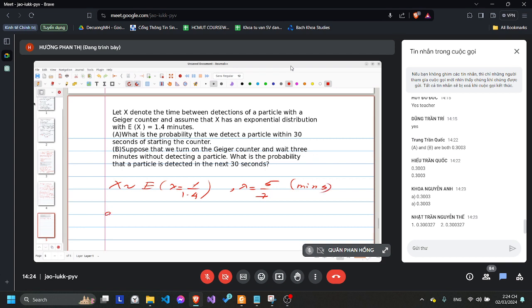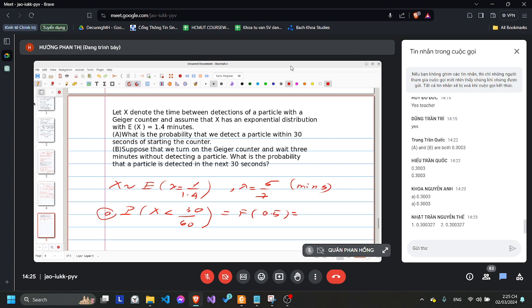Question A. What is the probability that we detect the particle within 30 seconds of starting the counter? So it's just the normal probability. We need the probability of S less than 30 seconds, so 30 over 60. We change the unit to minutes. So it equals F of 0.5.